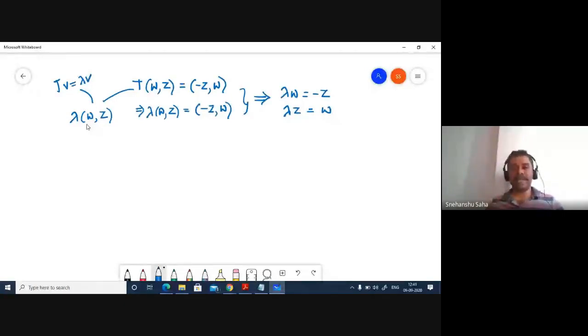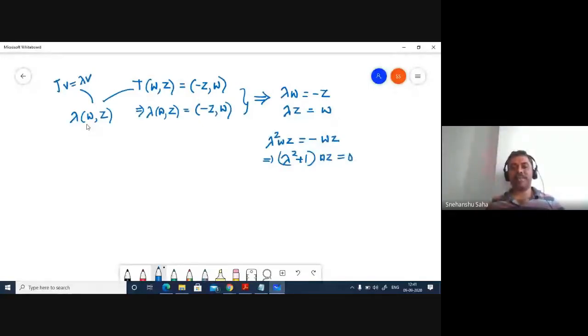If I multiply these equations, I get lambda square W Z equal to minus W Z. Because W and Z are scalars, right? When you write it as an ordered pair, it becomes a column vector, and as I said, we always work with non-trivial vectors. So this is nothing but lambda square plus 1 times W Z equal to 0.